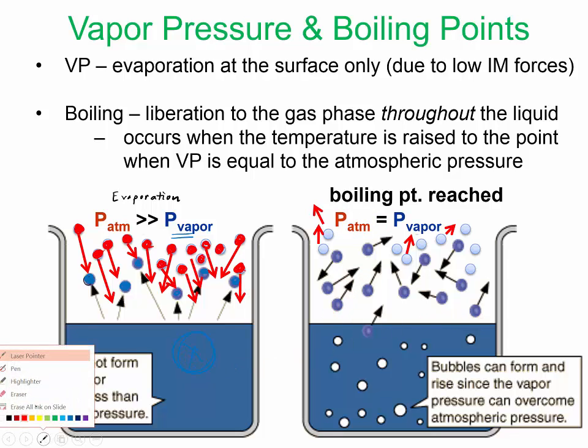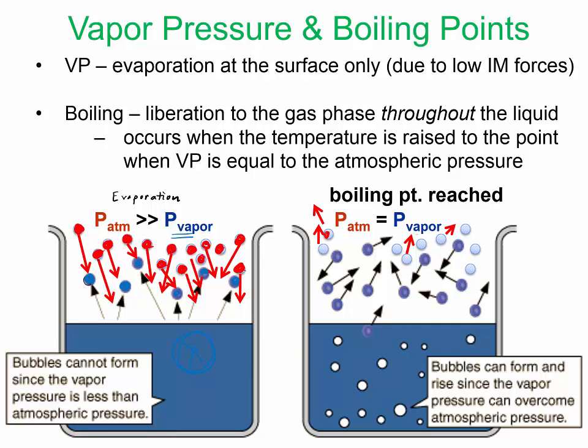To be consistent, I want to color these in so you realize it's color coded. These gas molecules are what's causing atmospheric pressure, and the blue ones are from the actual liquid.